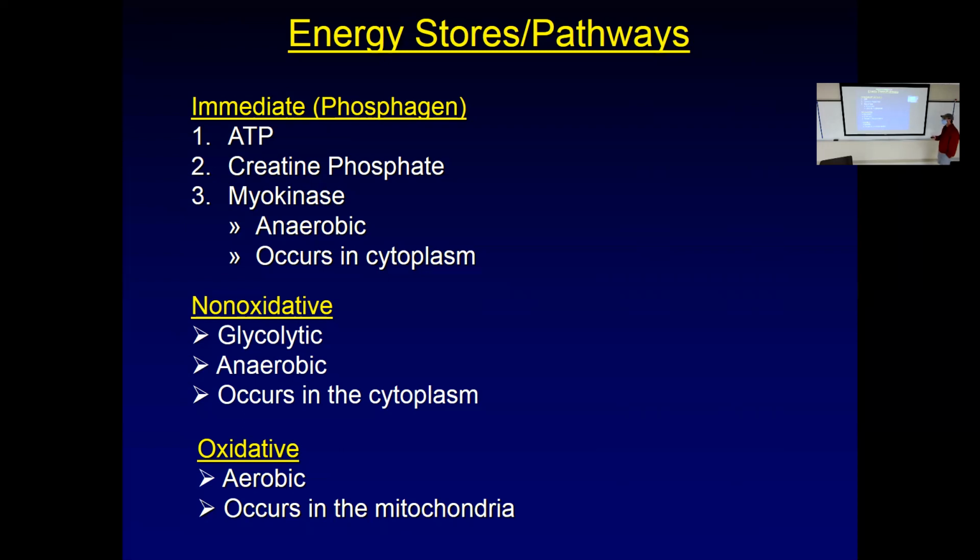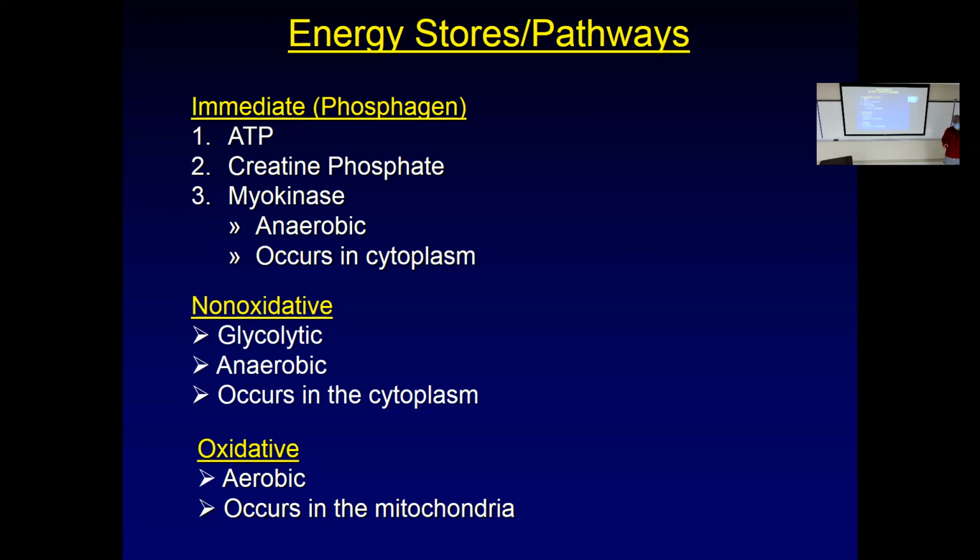Okay? The next one that we're going to do, I'm going to call the non-oxidative pathway. This means it's a pathway that does not use oxygen. It takes longer than this. It's not really immediate, but it's a non-oxidative pathway. These are sometimes called the glycolytic pathways. They're also sometimes called the anaerobic pathways.